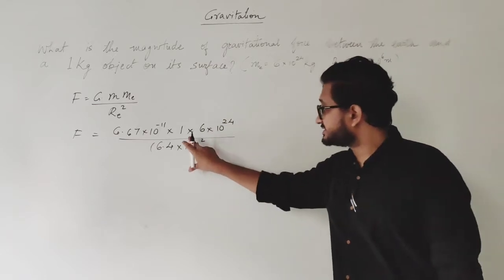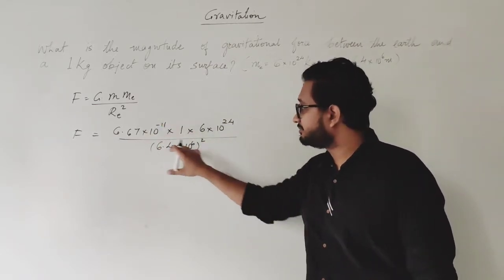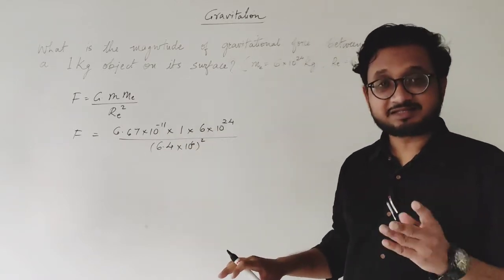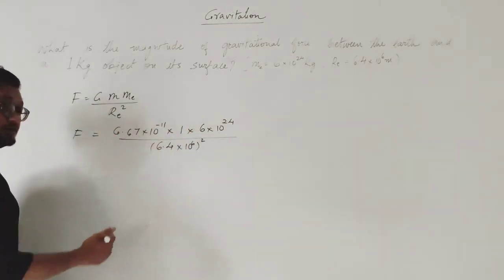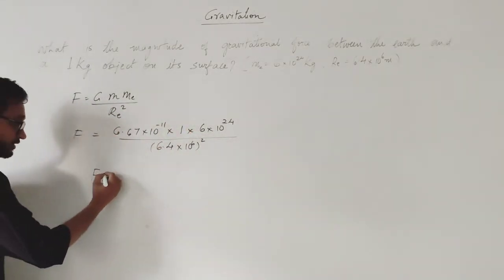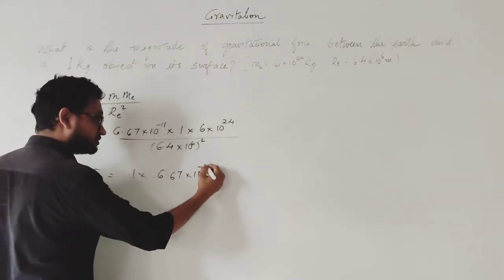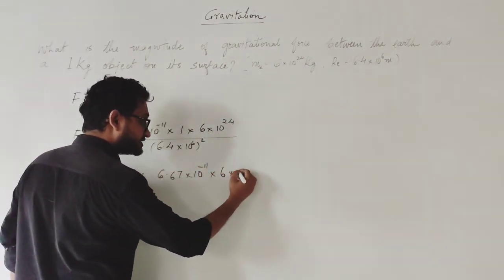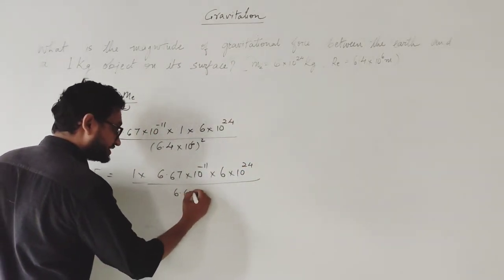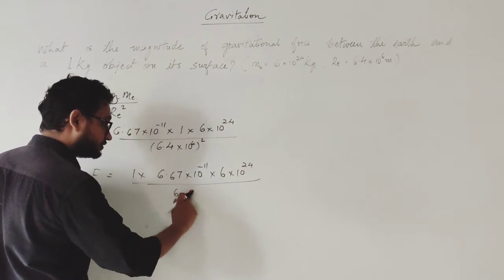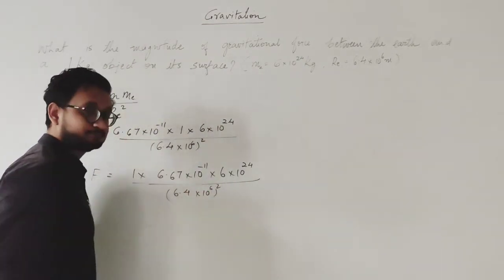Now this is our object, that is 1 kg, and any number multiplied by 1 is the number itself. So in the next step I am writing 1 over here in front. So observe this, 1 into 6.67 into 10 raised to minus 11 into 6 into 10 raised to 24 upon 6.4 into 10 raised to 6 whole square.